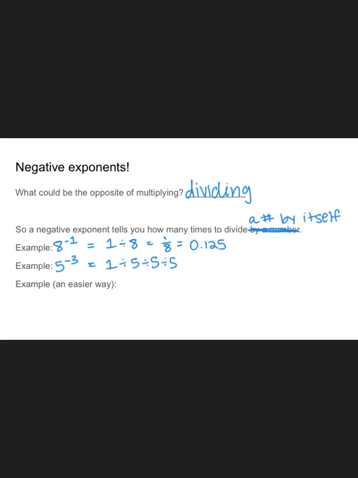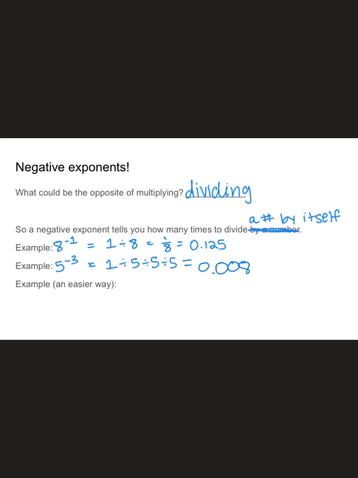There we go. So it's 1 divided by 5, divided by 5, divided by 5. Because there are 3, it tells us how many times to do it. And that is going to equal 0.008. But there is an easier way to do this too.